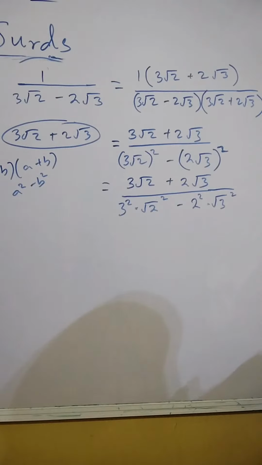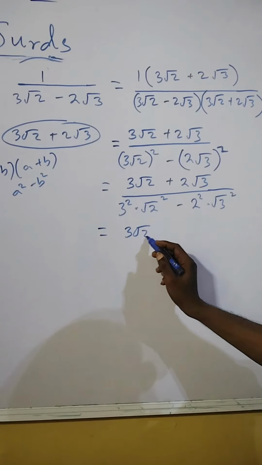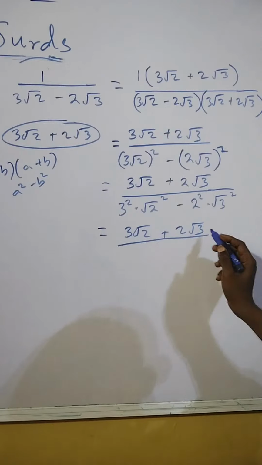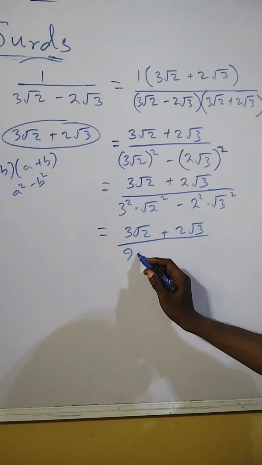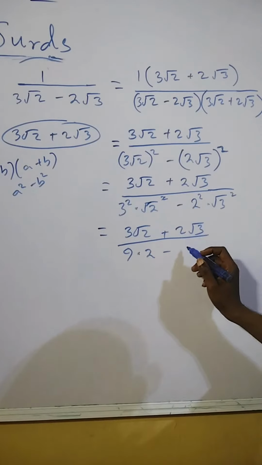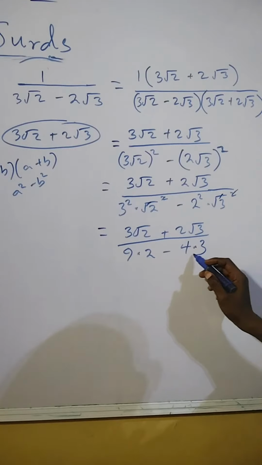Okay, so that is why this becomes 3 root 2 plus 2 root 3 divided by 3 square, that's 9 times. Square cancel square root here, we have 2, then minus 2 square 4, then times square cancel square root here, we have 3.